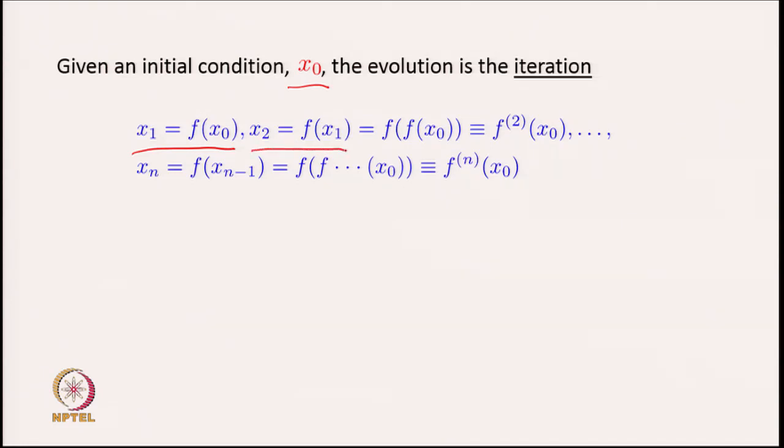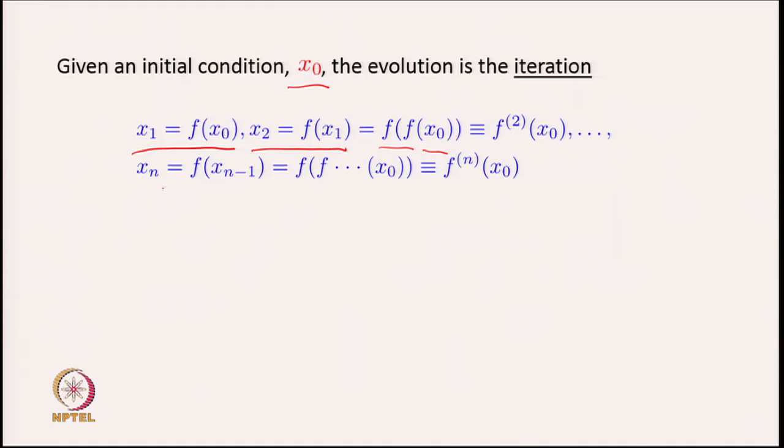x_2 would be given as f(x_1), but x_1 itself is f(x_0). So, x_2 is f(f(x_0)), which I write now as f^2(x_0). This is not a power, it is a superscript denoting iteration.